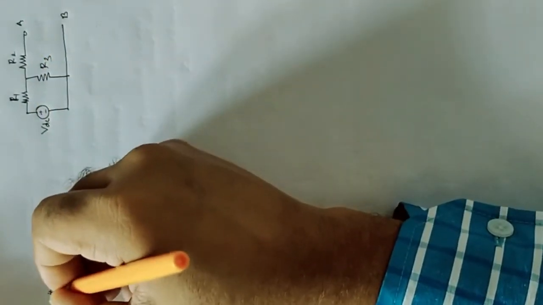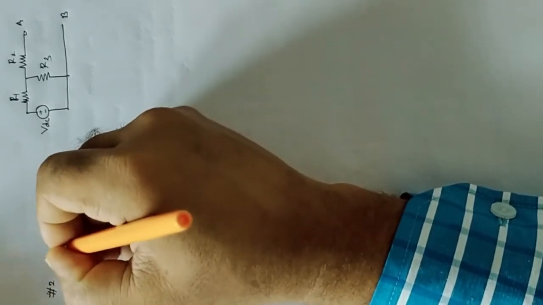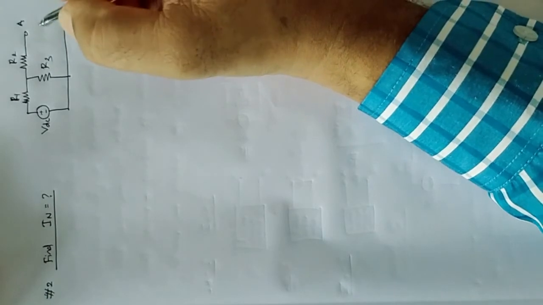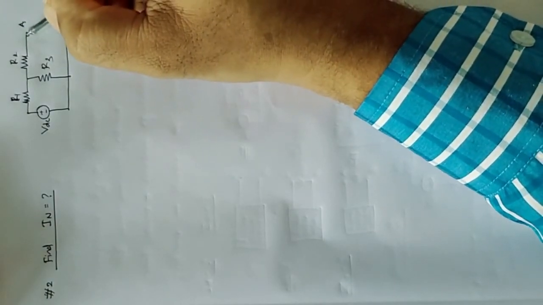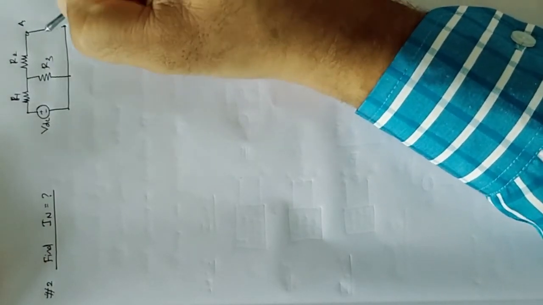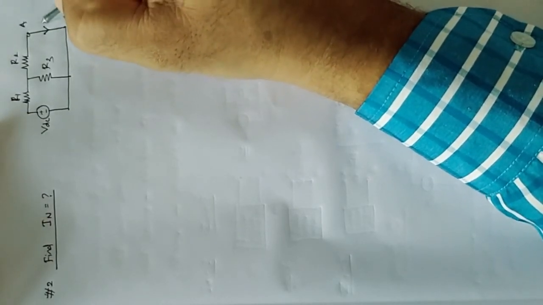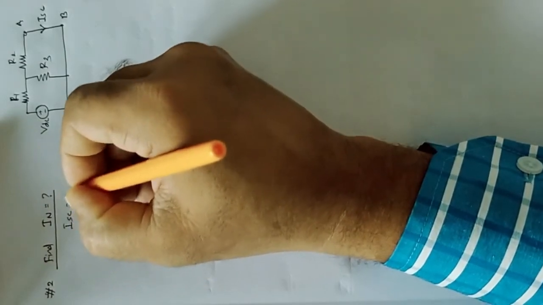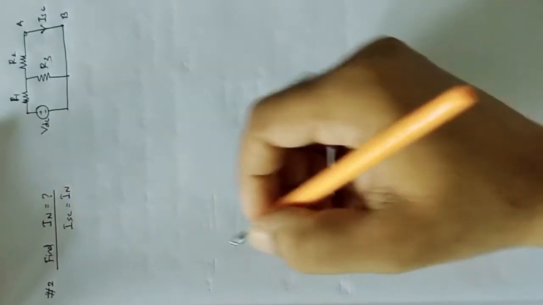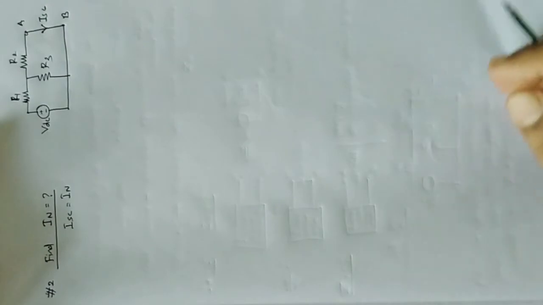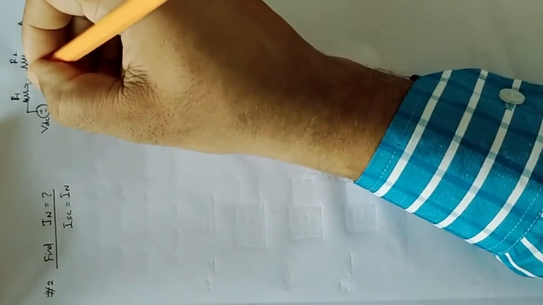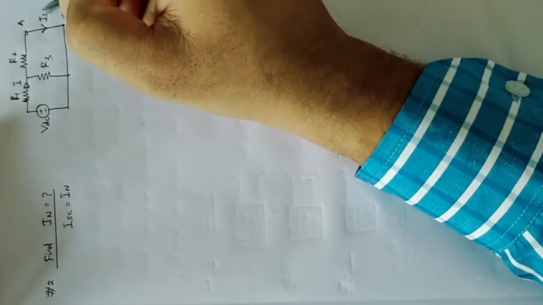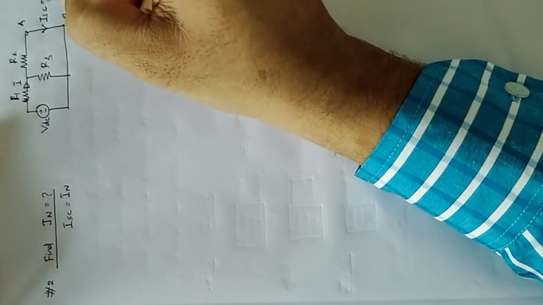The next step is to find IN. In order to find Norton's equivalent current, we need to short circuit terminals A and B and find the short circuit current ISC, which is equal to IN. To find ISC, first we need to find the main current I, and then by means of the current division rule we find ISC, that is IN.